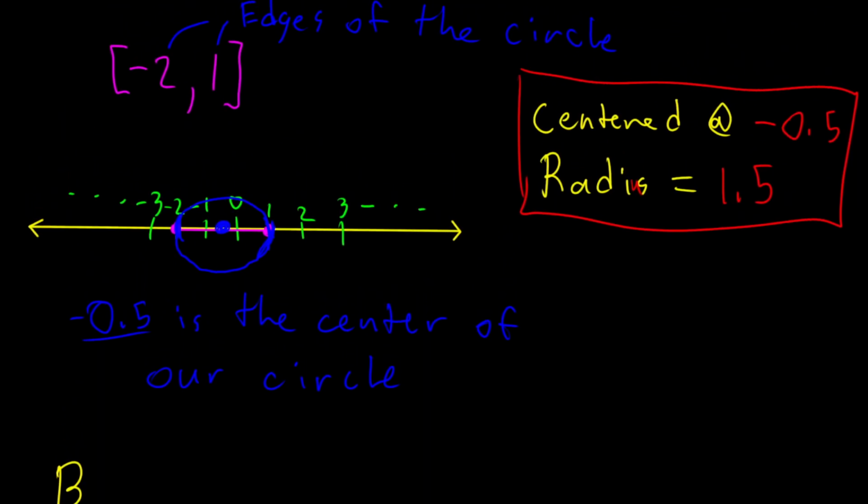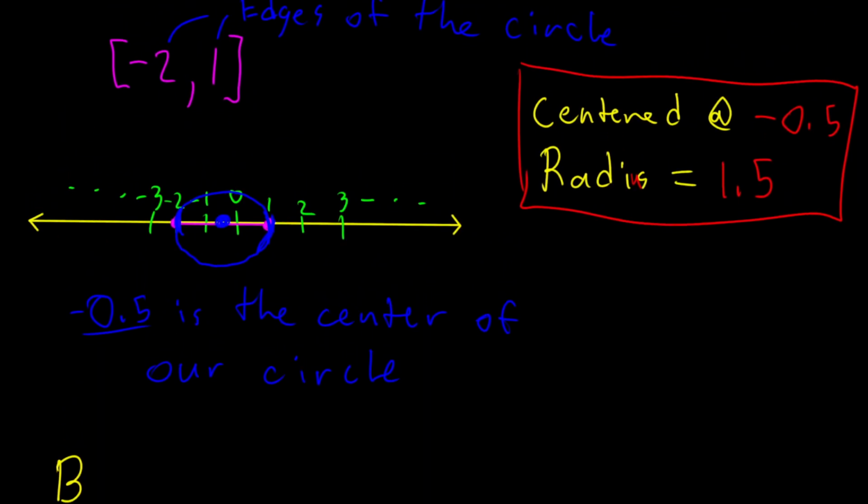So we write a B. It stands for ball. We're gonna denote where the ball is centered at. In this case, it's -0.5.